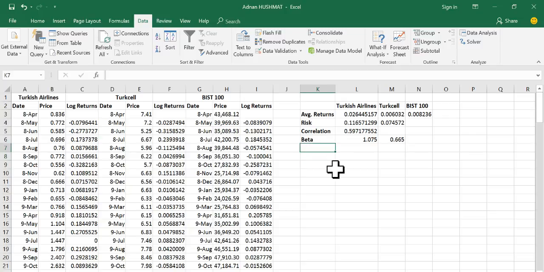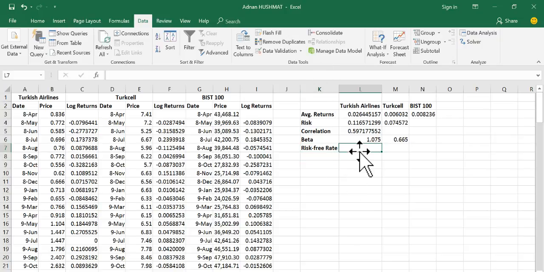The risk-free rate of return is the rate that you earn on T-bills, which you can earn without taking any risk.